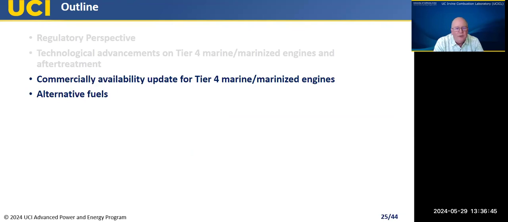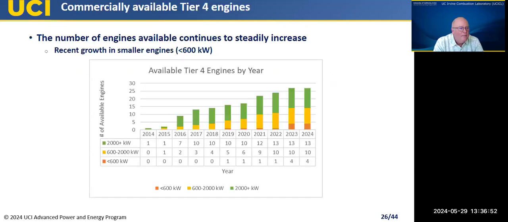Okay, so what's commercially available for Tier 4 engines? Let's talk about that for a bit. Next slide. Okay, so this is a timeline of what's available and in what size ranges over the last few years.